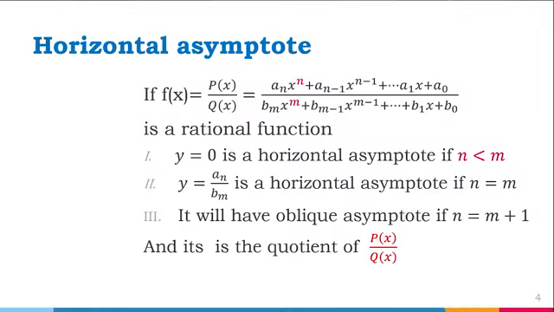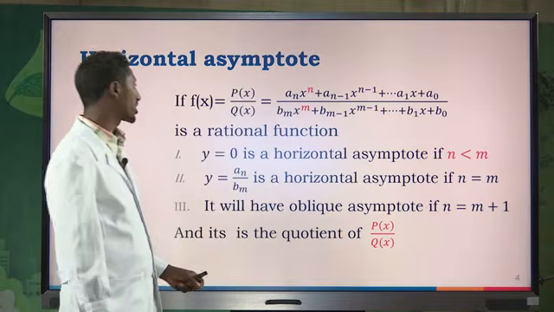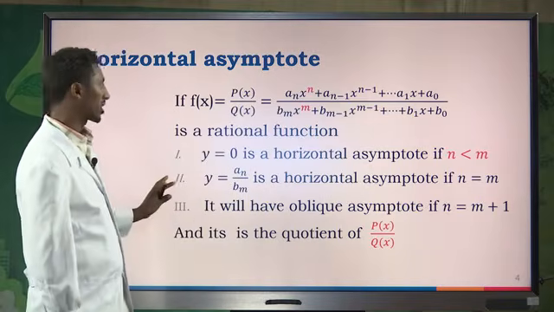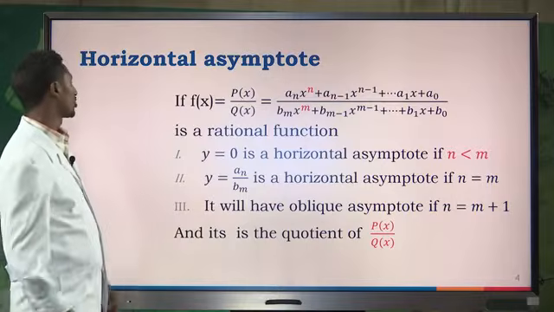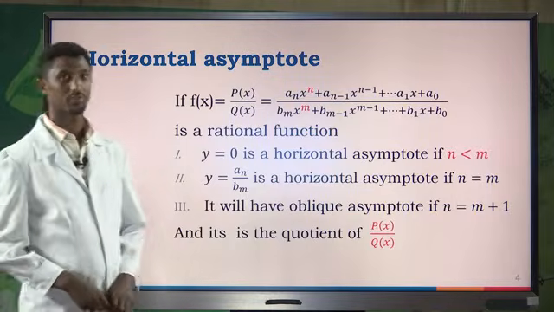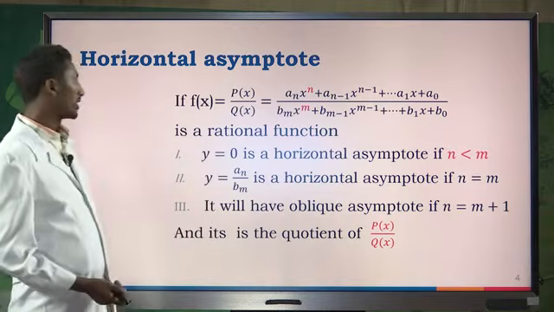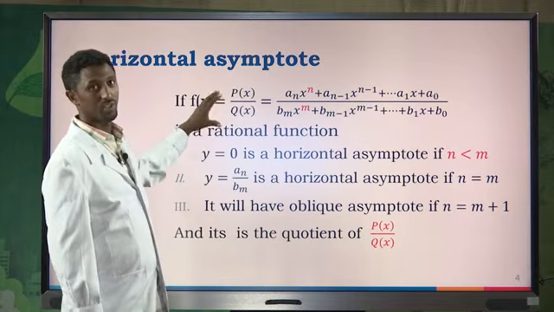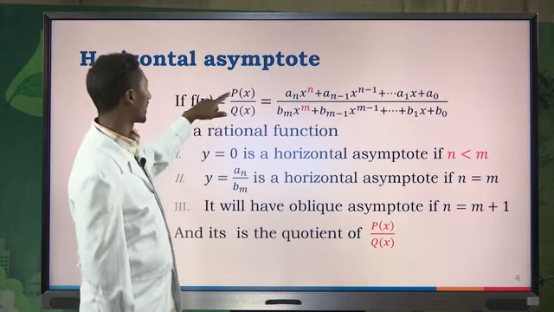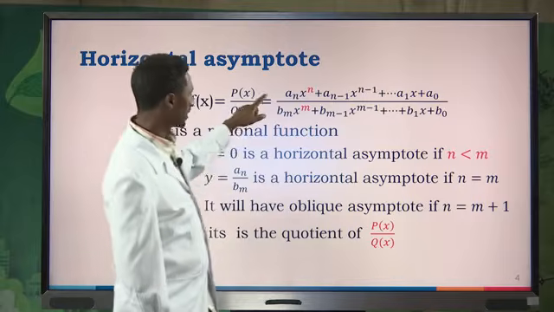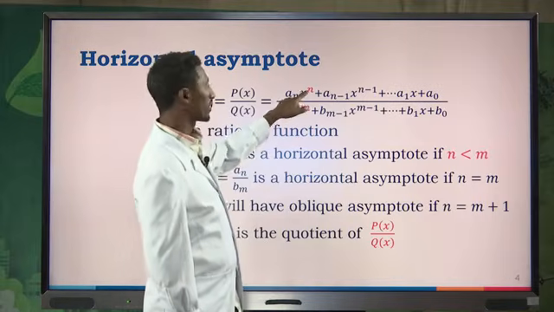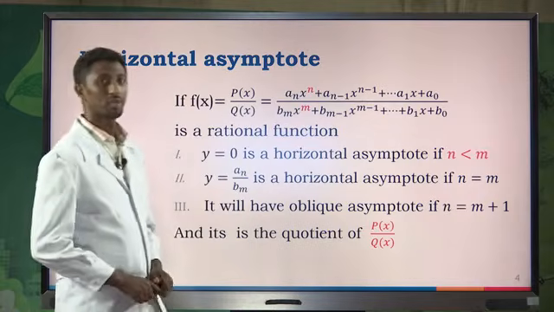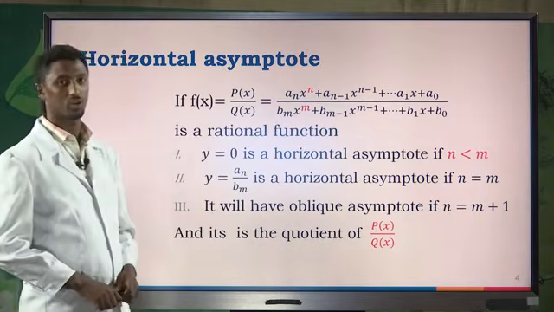Now let's see when a graph of a rational function will have a horizontal asymptote or oblique asymptote. There are conditions. Let's see how to determine a horizontal asymptote. If the function f of x is defined as a quotient of two polynomials p of x to q of x, where p is a polynomial function of degree n and q is a polynomial function of degree m, there are conditions to determine a horizontal asymptote.